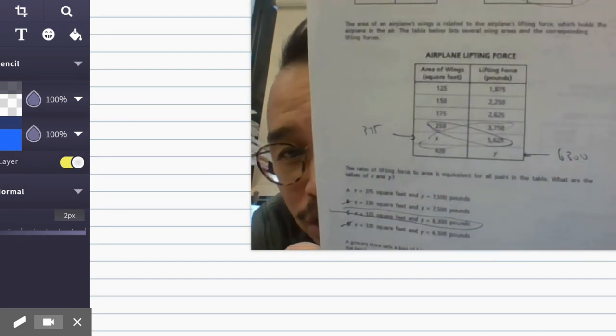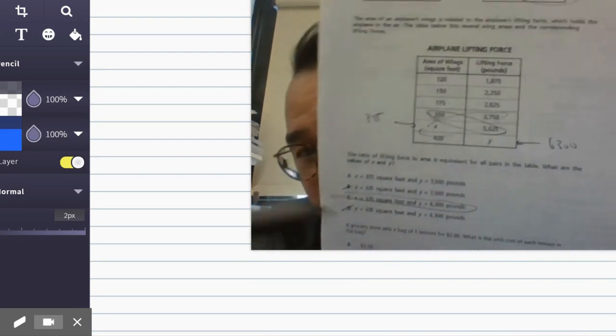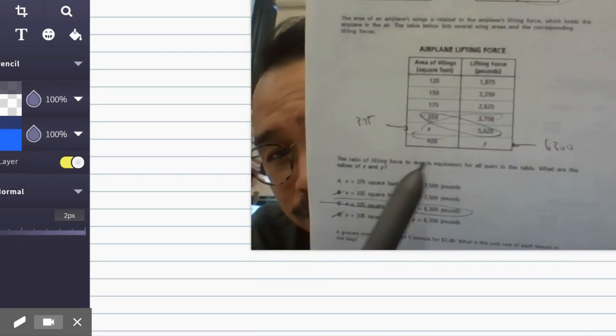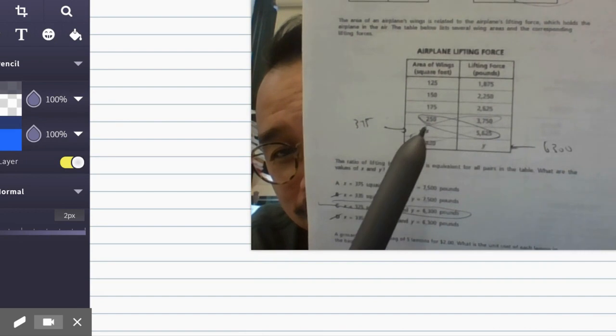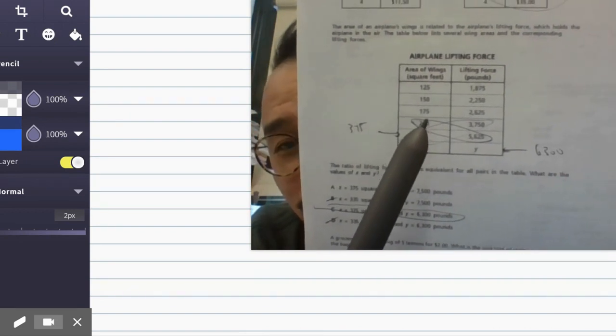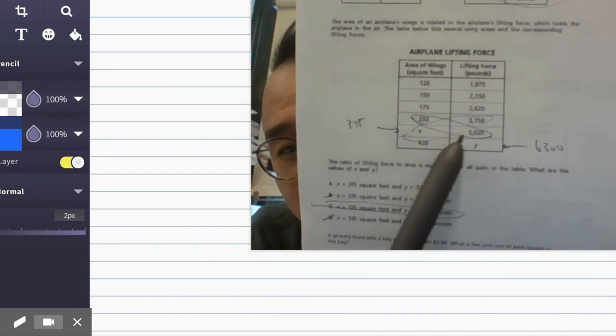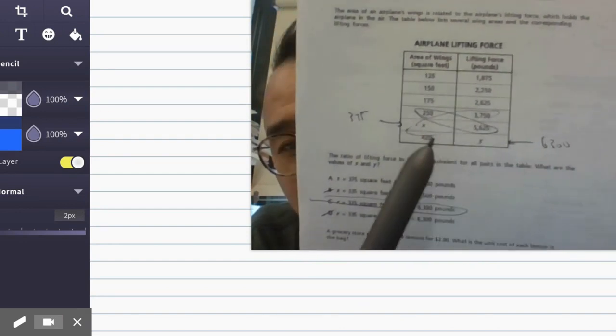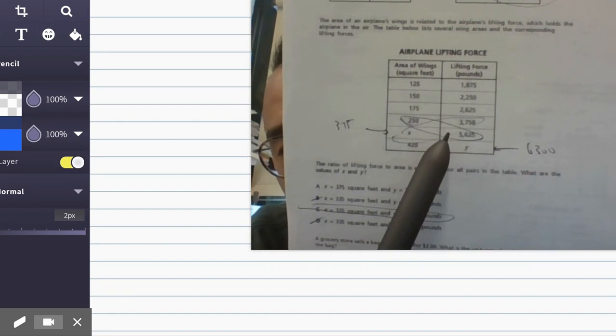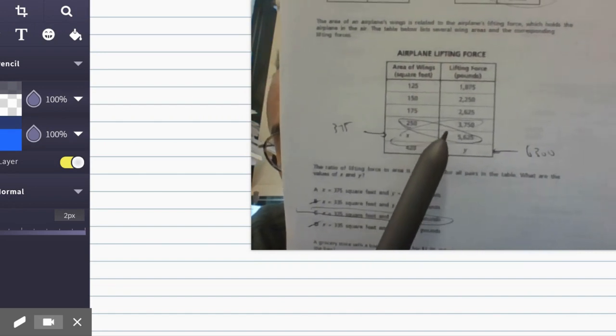All right. So now this one's tricky. Let me get my pen. So here now, to solve for x, I need to cross multiply these two. So I'm treating these as if they're proportions. Okay, these two numbers, you see that?